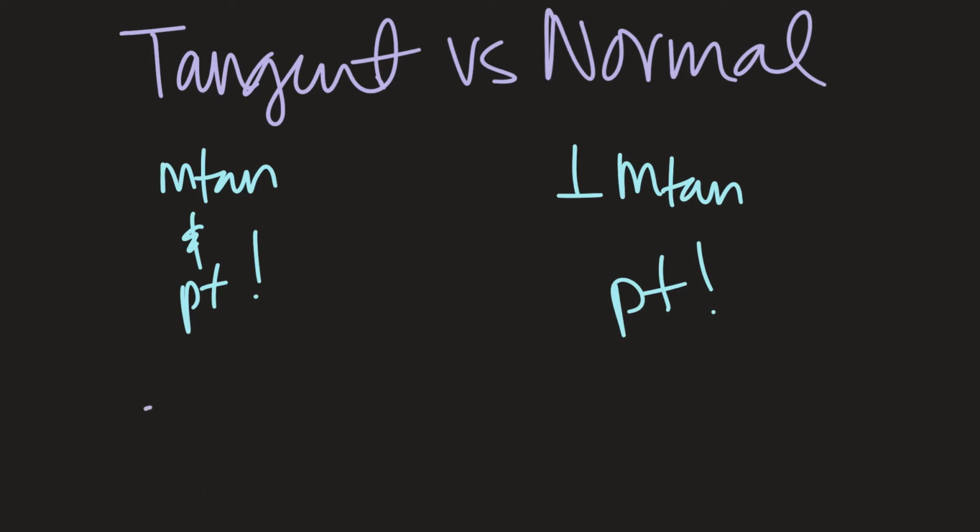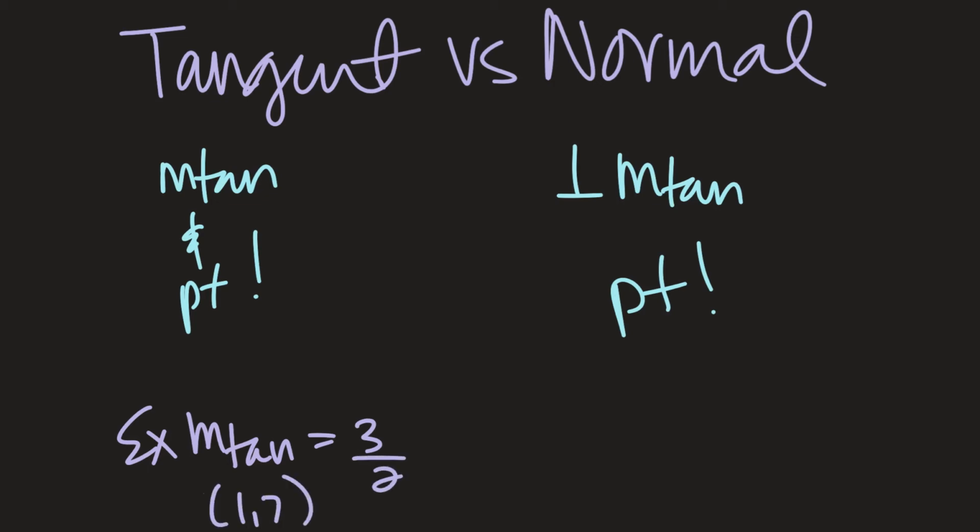So for example, if m tan is equal to 3 over 2, and the point is 1, 7, we can take that slope and that point and we can find the equation of a line. So if we were going to find the normal line at the same point, we don't have to do any extra work.